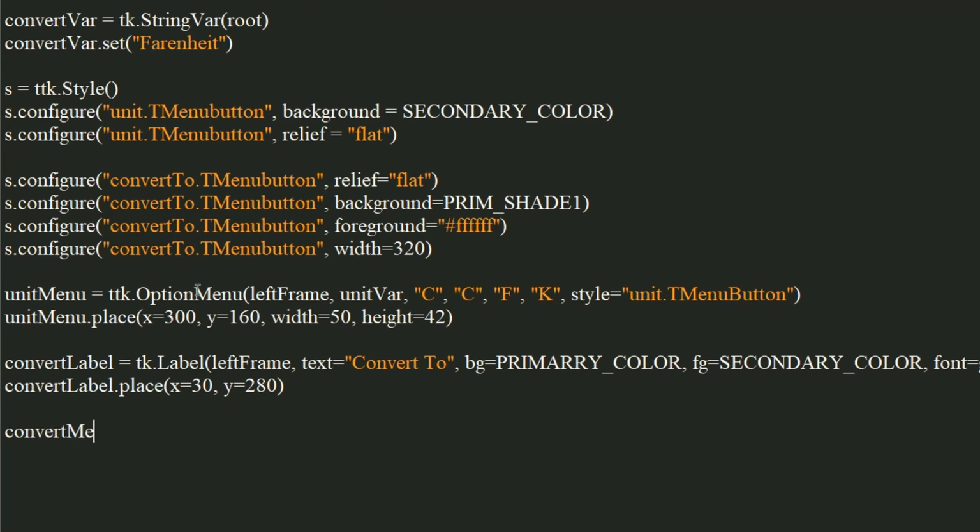Let's create a TTK option menu, with parent as left frame. Pass the convert var string variable as second argument. Default the menu's value to Fahrenheit. Pass Celsius, Fahrenheit, and Kelvin as options.